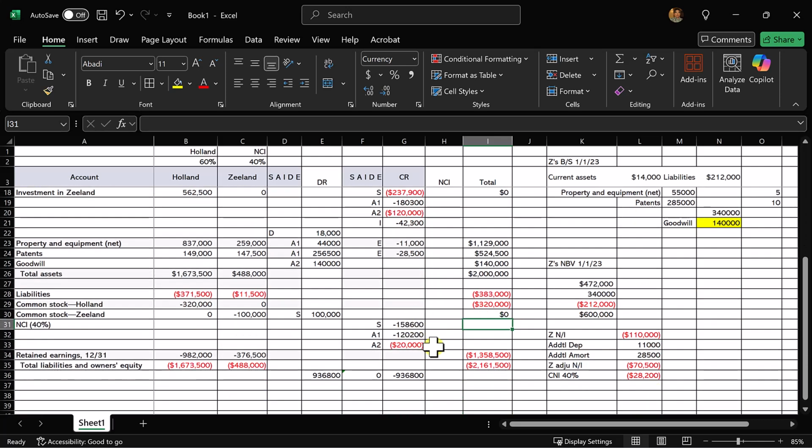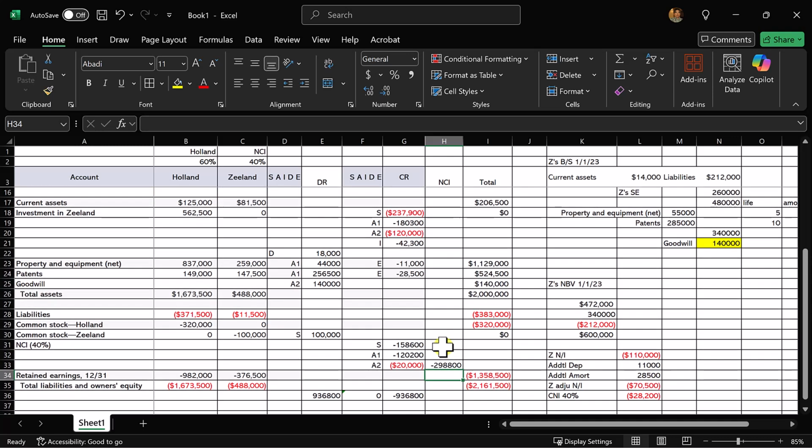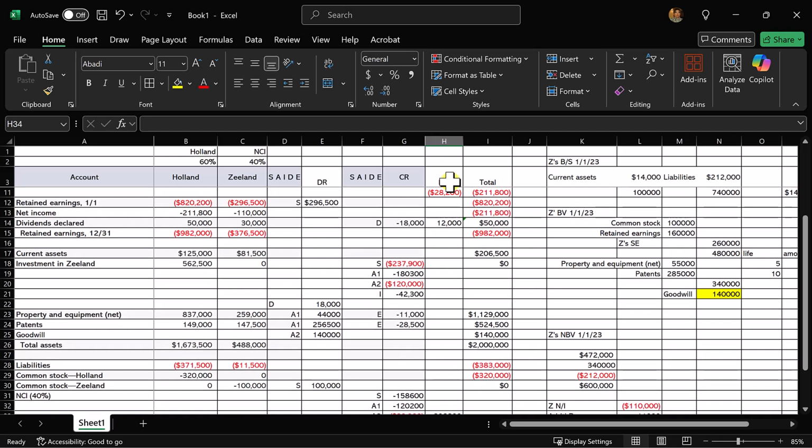But let's get this total right here, summing up these three amounts. Should be a credit balance, yeah, negative. Okay, so that's the beginning of the year. And we're going to add in the earnings for the year and the dividends for the year for the non-controlling interest.